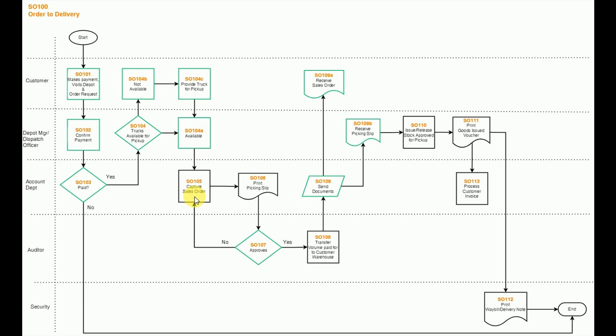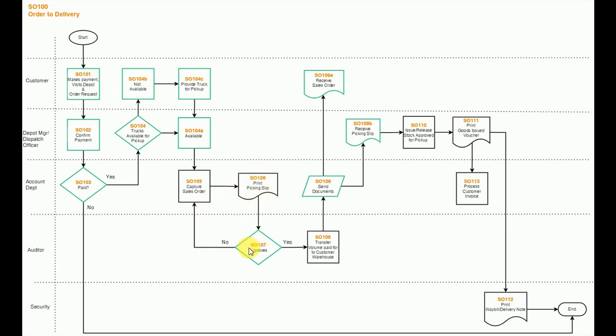So at this point, the account officer or the sales representative captures 33,000 and also 10,000 for pickup. Then at this point, he prints a picking slip. So that picking slip actually confirms what is available for him to pick up.